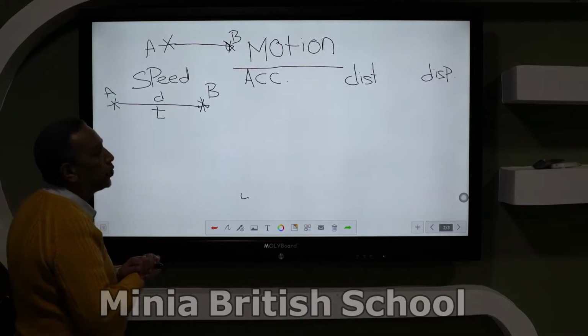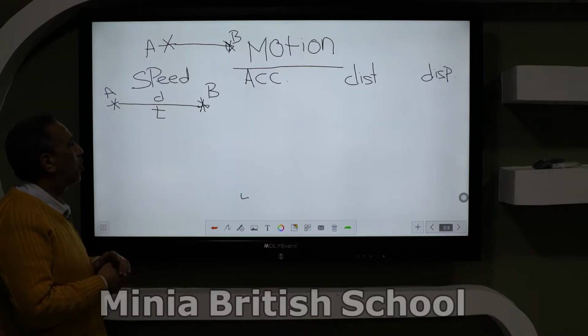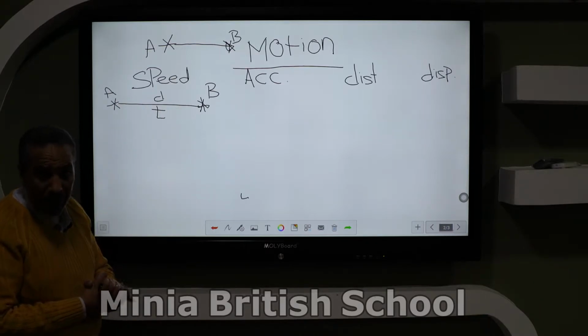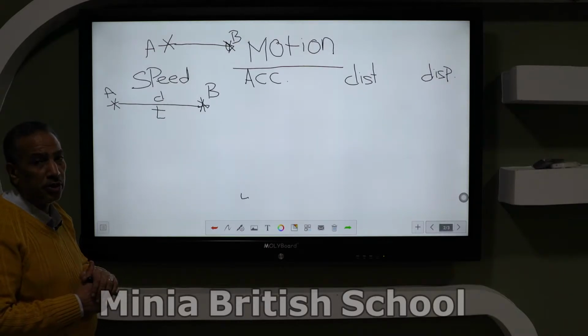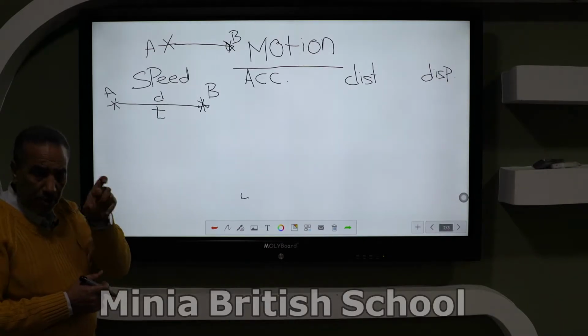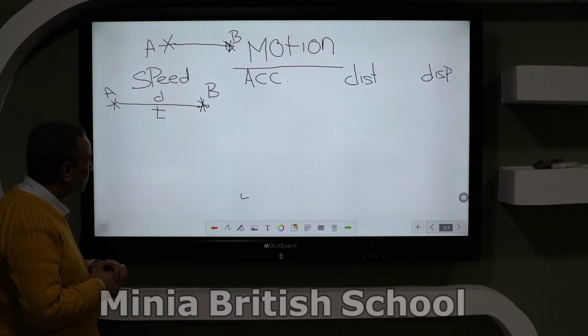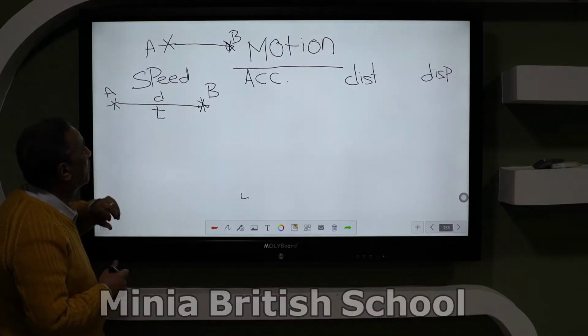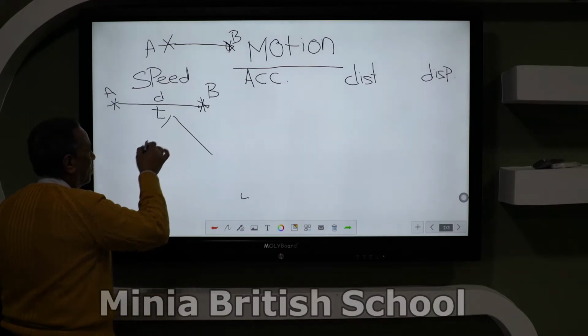So speed is the distance covered per unit of time, or the rate of change in distance. Rate means per unit of time. This is the meaning of the speed. What is the rule that describes the speed?